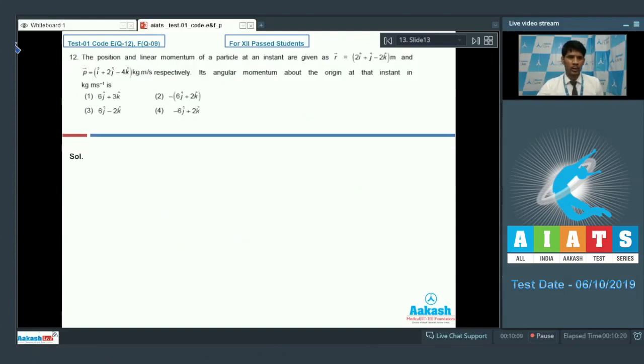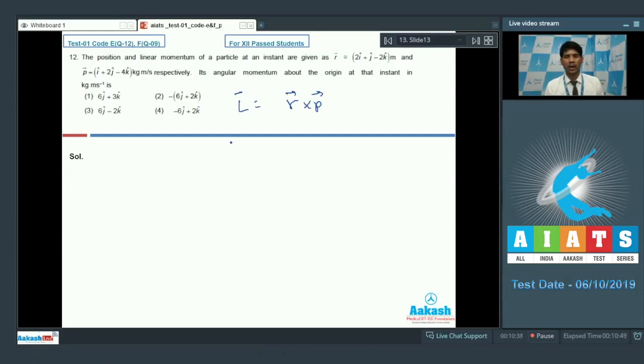In question number 12, the position and linear momentum of a particle at an instant are given as r = 2i + j - 2k meter, and the momentum is i + 2j - 4k kg meter per second respectively. The angular momentum about the origin at that instant, in SI unit, is straight away r cross p.